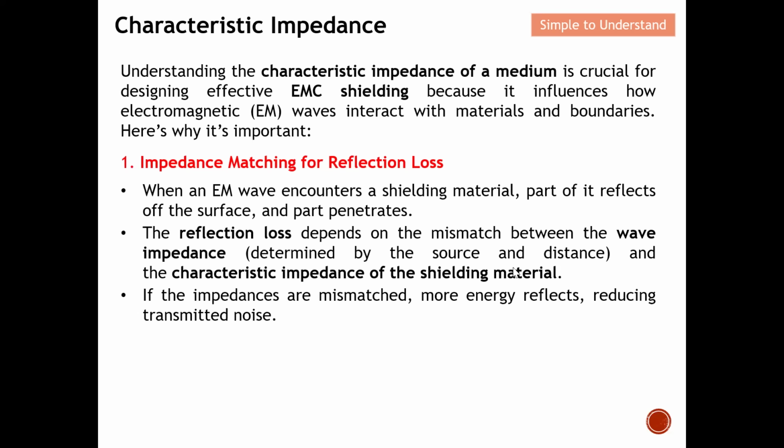In short, the larger the difference between the wave impedance and characteristics impedance, the larger the reflection, and therefore it may be ideal for this case. If the impedances are mismatched, more energy will be reflected, which means the higher the mismatch, the more energy will be reflected, and hence this will reduce the transmission loss.